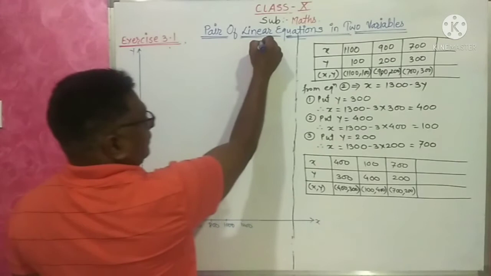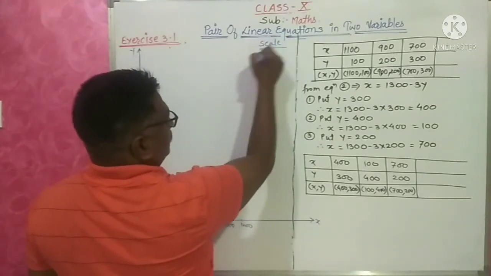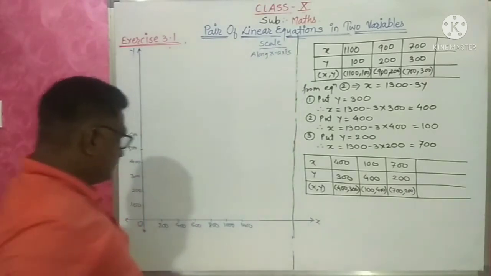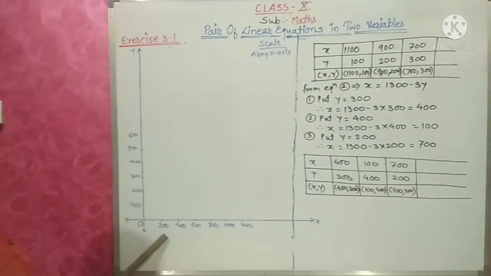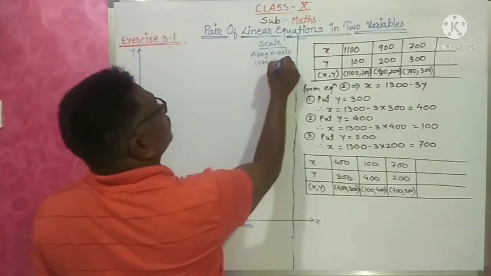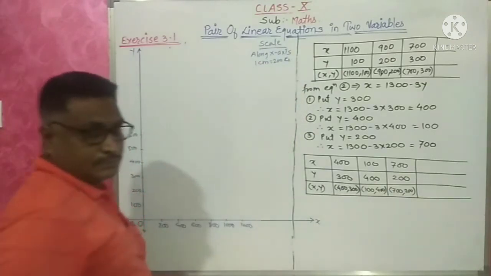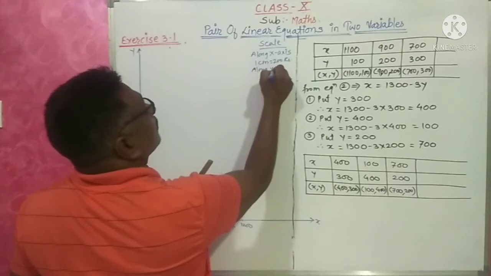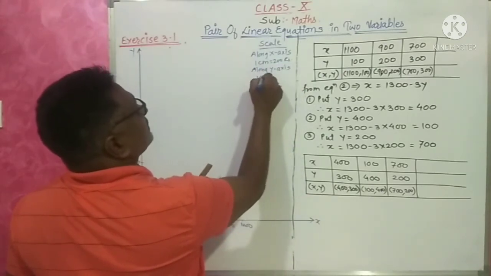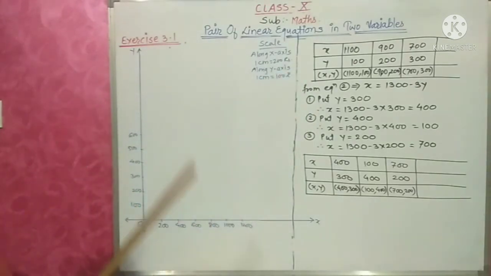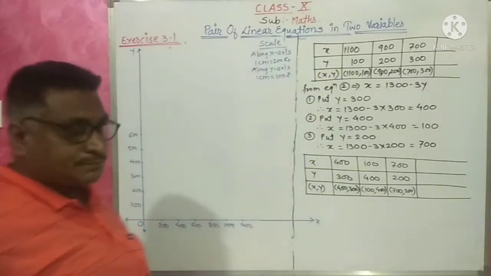So now the scale: along the x-axis, 1 centimeter equals 200 rupees. And along the y-axis, 1 centimeter equals 100 rupees. Got the scale? Now we can plot this.